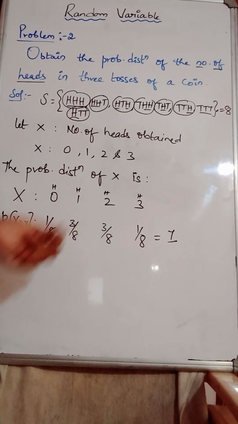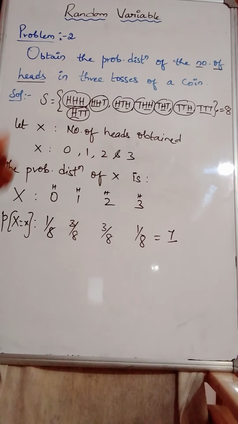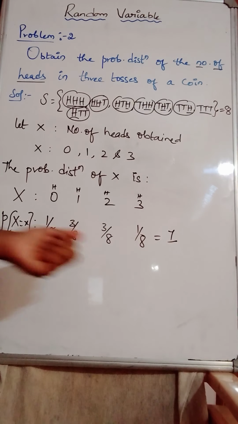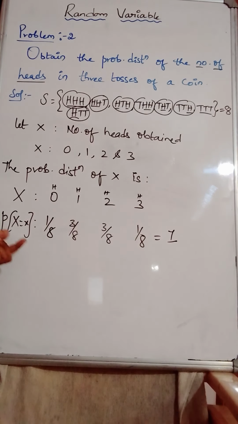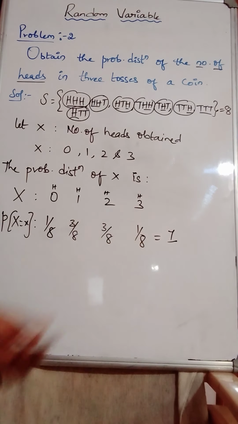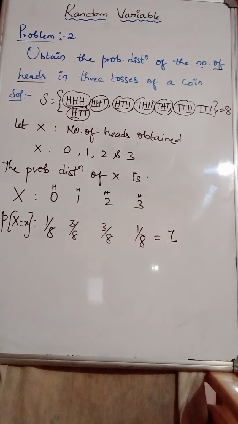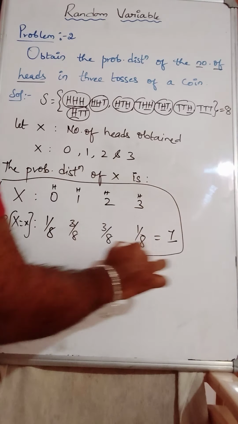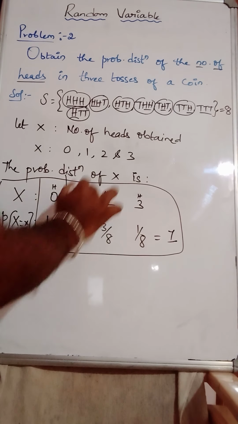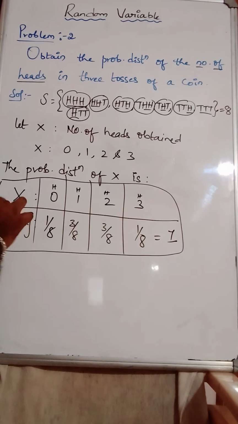Find the real values and then assign the probabilities to those real values from the sample space by looking at the favorable cases. Write down the probabilities and then observe the 2 conditions: probability of any event is positive and the total probability is always equal to 1. Now this function, we call it a probability function or probability distribution.